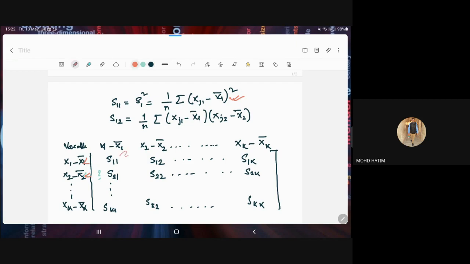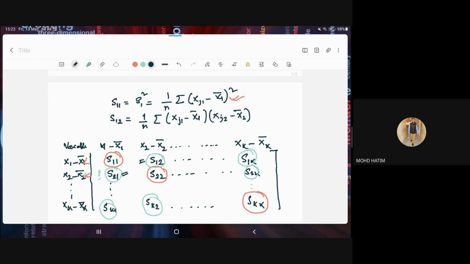These diagonal terms are all the variances, and the off-diagonal terms are the covariances. You know S12 is the same as S21, and S13 is the same as S31, because multiplication is the same: if you multiply x1 with x2 or x2 with x1, it is the same.